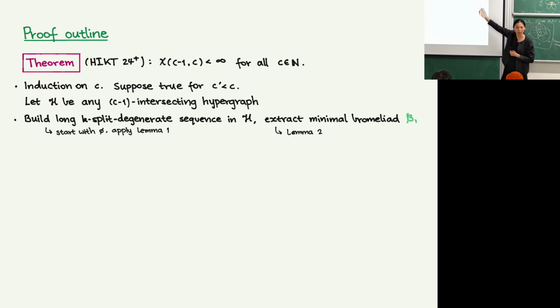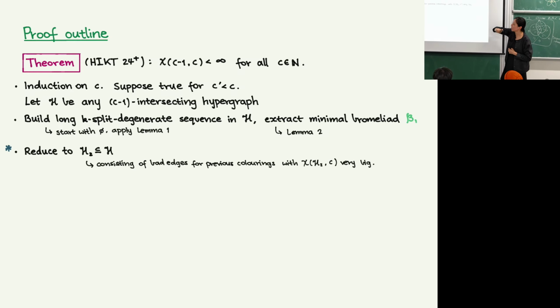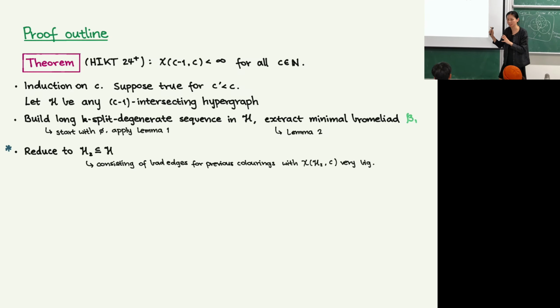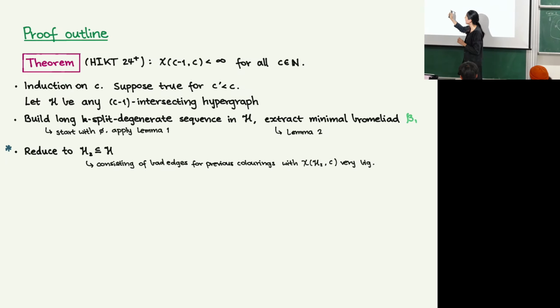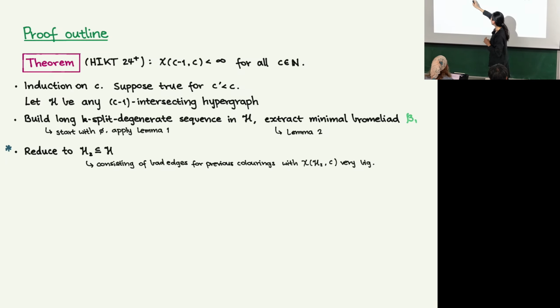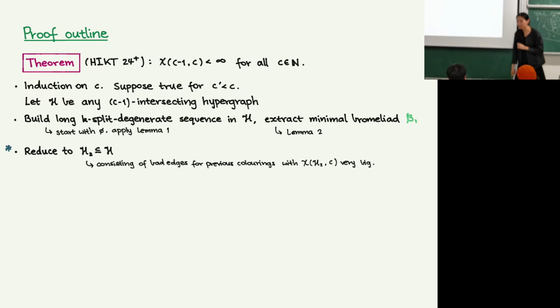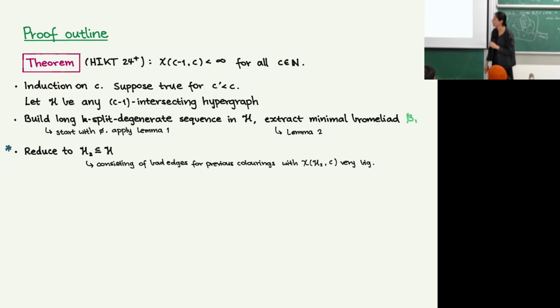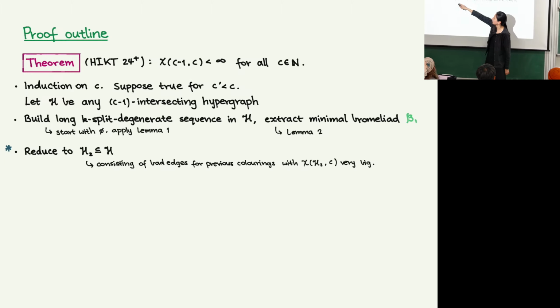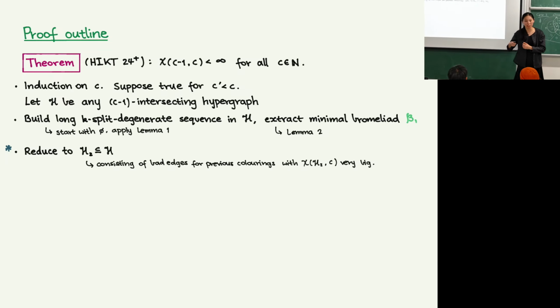Okay, so here's where there's a little bit of hidden information, but I'm saying that now I'm going to take my H and reduce it to some sub-hypergraph H2. The way I do this is I'm going to choose edges that are bad for all the colorings we've tried before. So keep in mind that basically anytime we apply lemma 1, we've secretly tried a bunch of colorings, right?